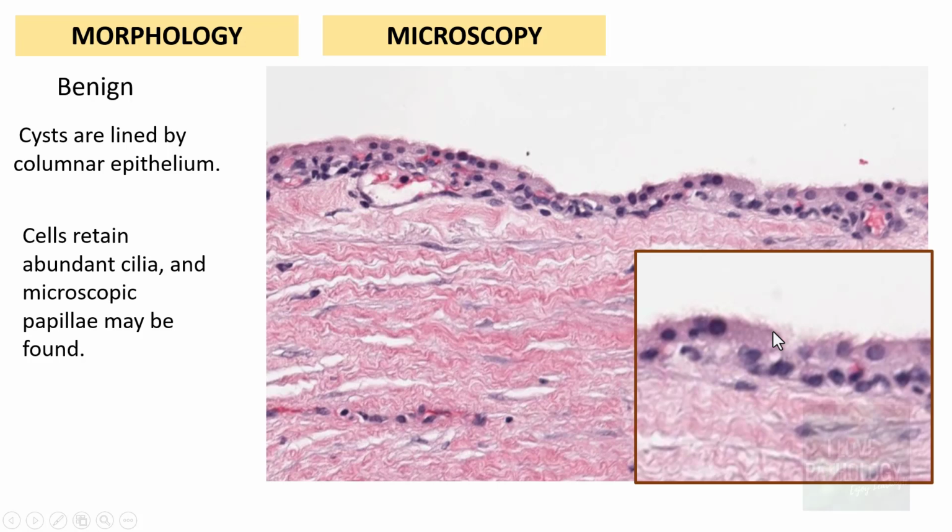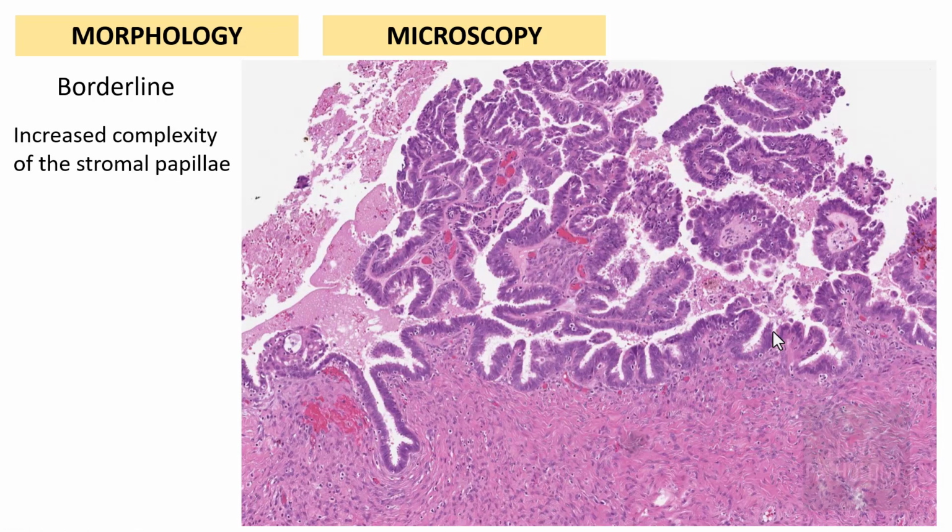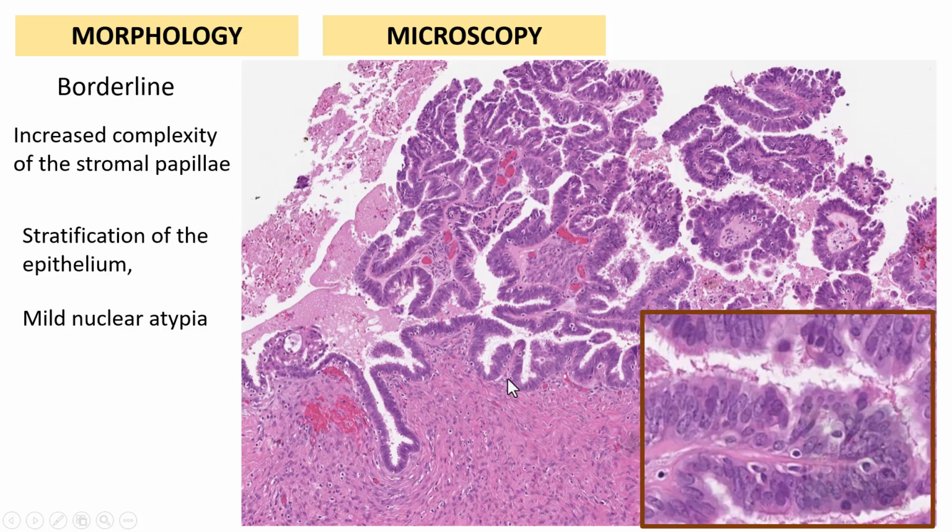Papillae may or may not be found in benign tumors, whereas in borderline tumors, you find that there is increased complexity of the papillae. So that's about borderline tumor. Where you do find stratification, a mild amount of nuclear atypia can be seen, but remember there is no evidence of invasion in borderline tumor, which is what differentiates it from malignant tumor, right?